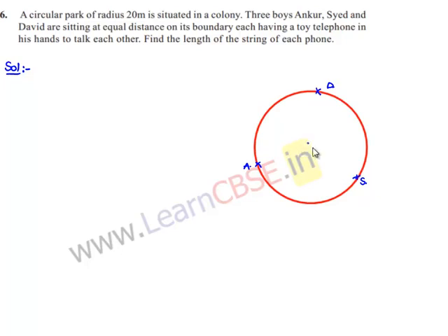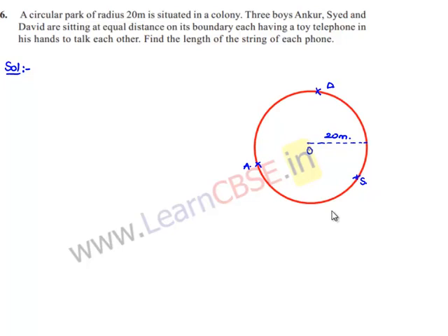Let the center of the circular park be O. We are asked what is the length of the string of each phone. Here it is given that the radius of the circular park is 20 meters.